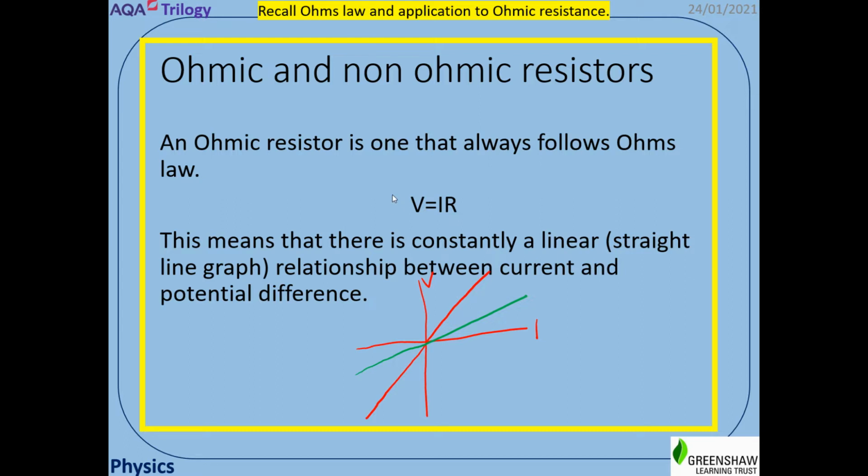A non-ohmic resistor will be different in terms of the fact that it might well have a curved line such as this. So the purple is a non-ohmic.